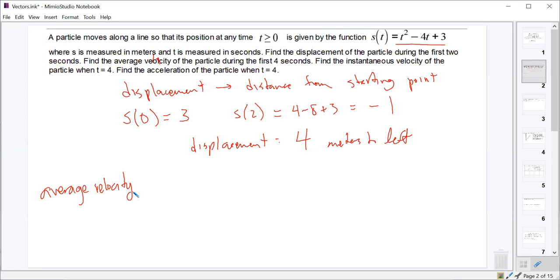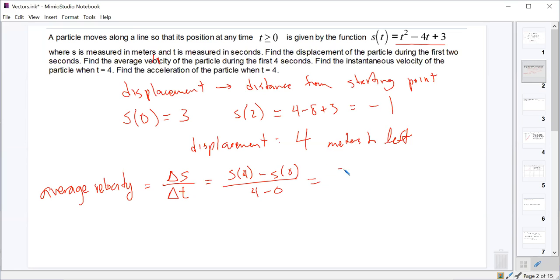That ought to just be a change in position, right? Change in s divided by a change in time. So that ought to be in the first 4 seconds, s of 4 minus s of 0 over 4 minus 0. And what's s of 4?